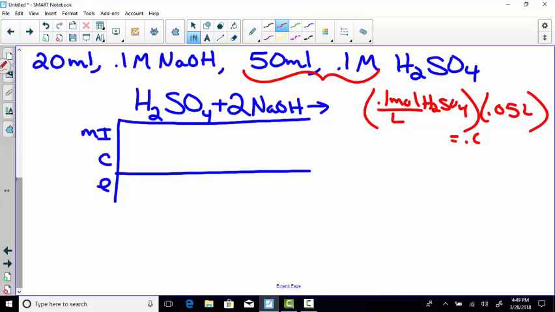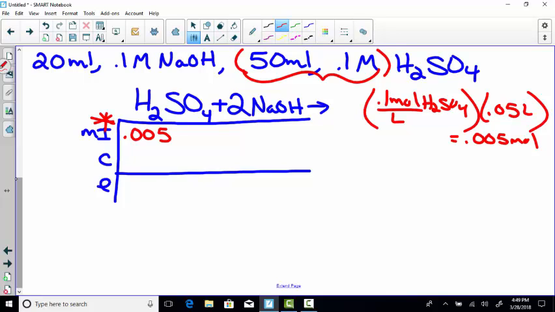That math means I have 0.005 moles of H2SO4 to start with. So my moles initial of H2SO4 are 0.005, and that number is never going to change. I will never have to recalculate that because we always have that volume.